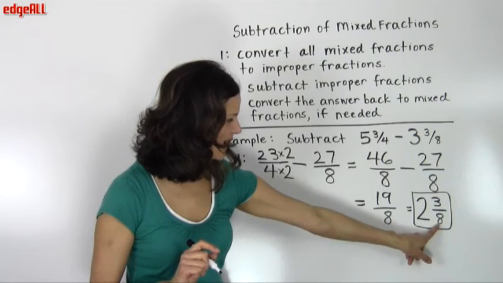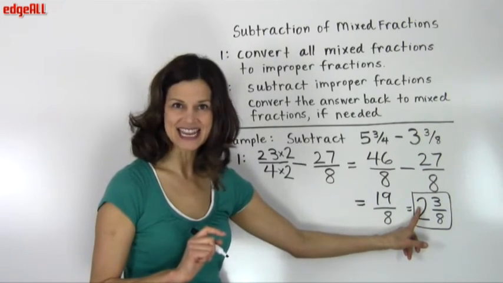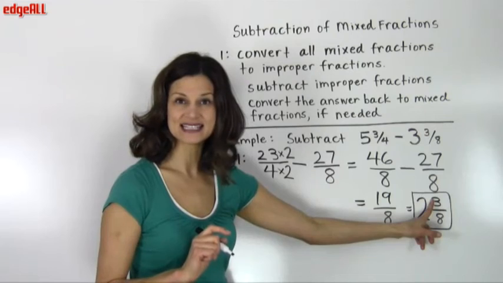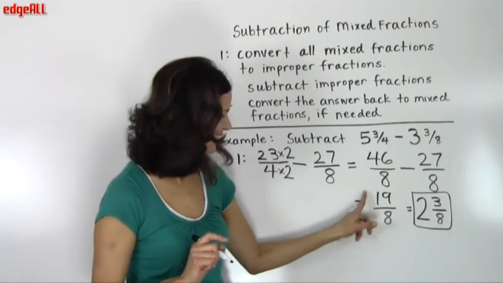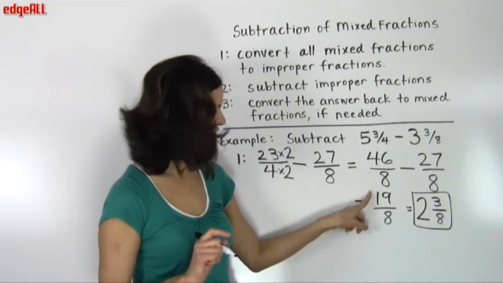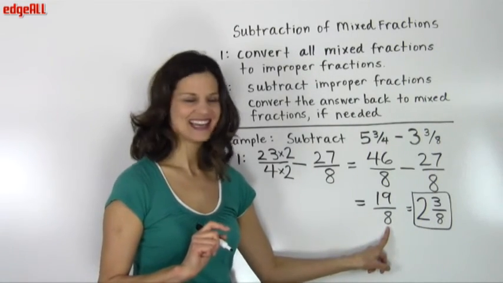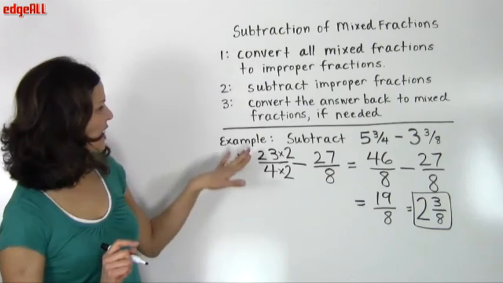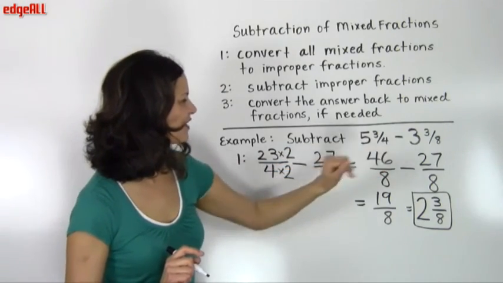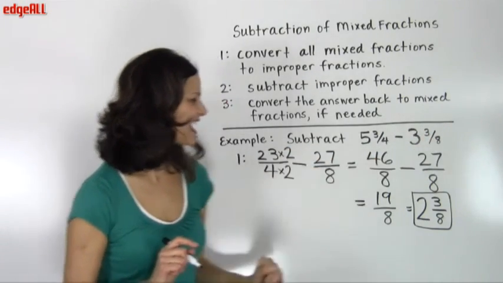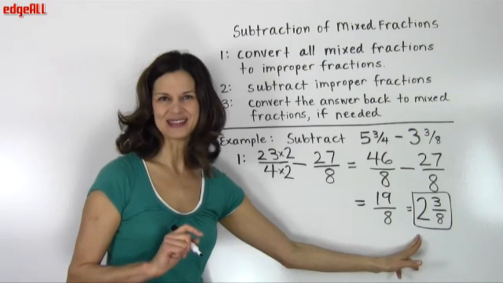So we multiply 8 times 2 is 16. Add 3, 16 plus 3 is 19, so the 19 should be in the numerator, and sure enough it is, and then our denominator is the same, 8. So our answer is correct. We have 5 3/4 minus 3 3/8 equals 2 3/8.